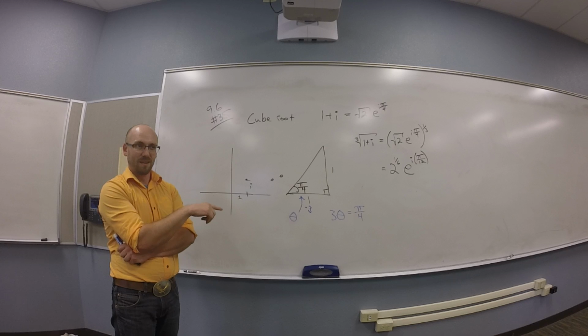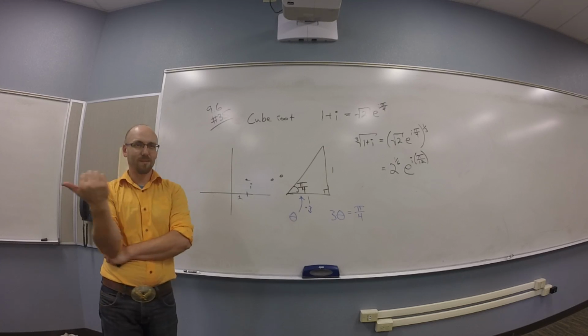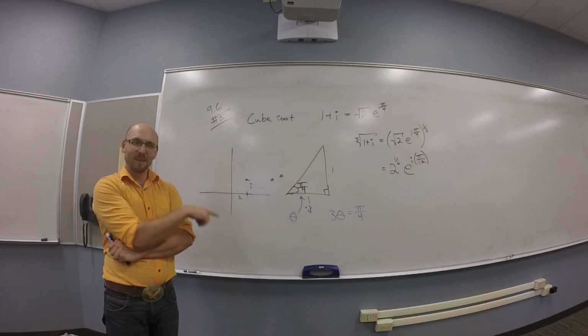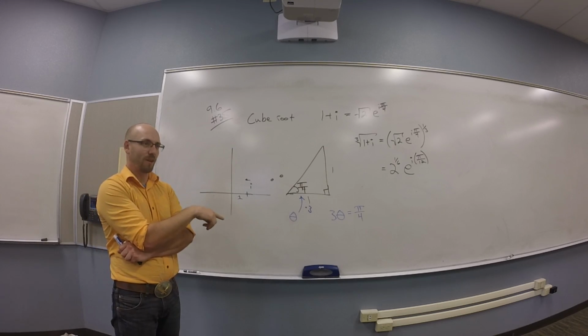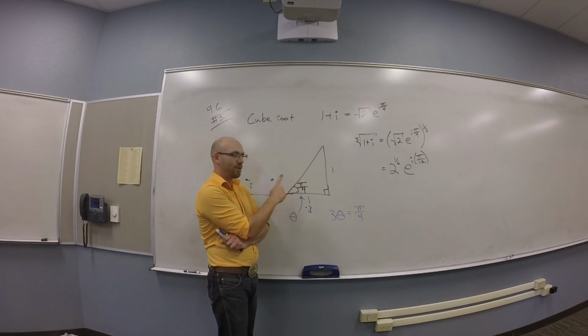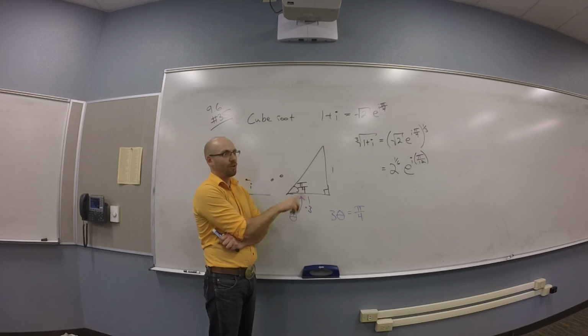Should be maybe plus 2 pi times n. There's something weird with coterminal angles, right? So you multiplied something by 3 and you got to pi over 4. What's to say you didn't go all the way around to get to pi over 4?